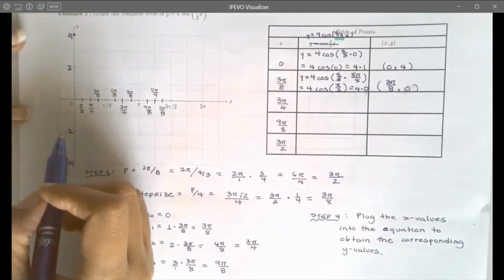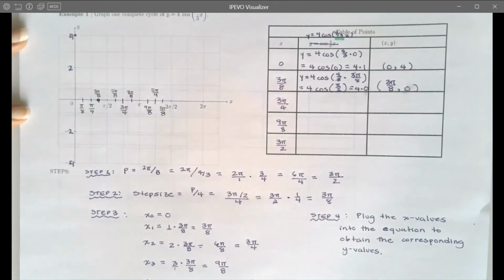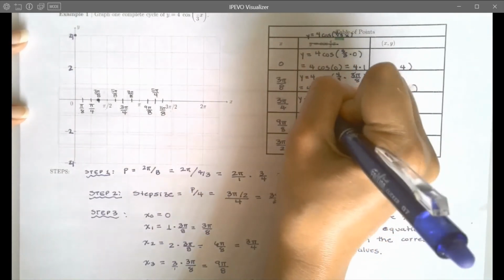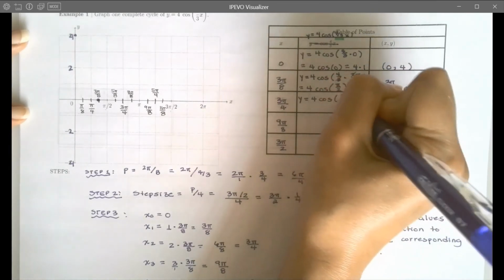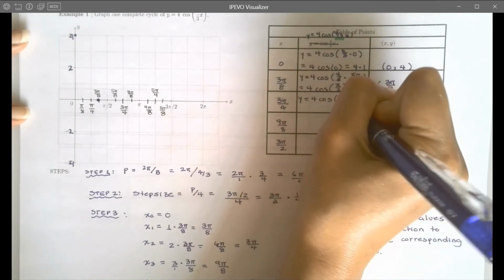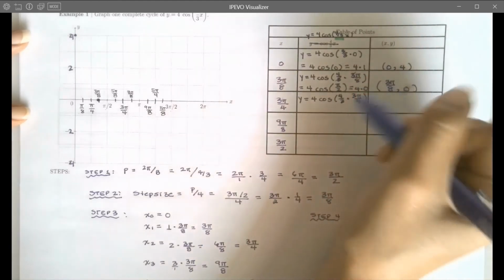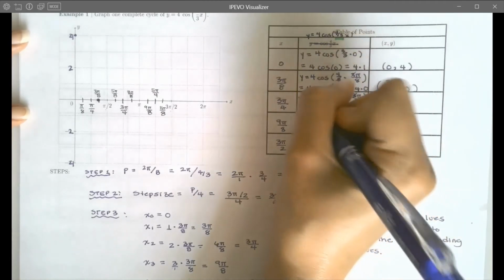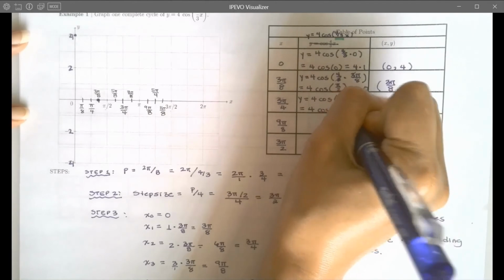3 pi over 8, comma 0 would be here. And that means we can go on to the next x value now. That'll be 4 times cosine of 4 over 3 times 3 pi over 4. The 3's are going to cancel, the 4's are going to cancel, and we're going to have 4 times cosine of pi.